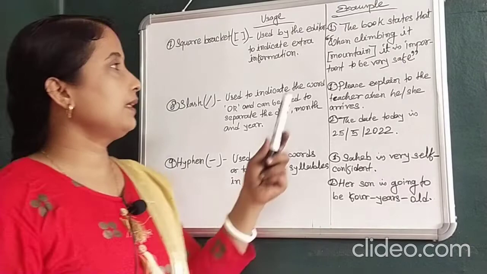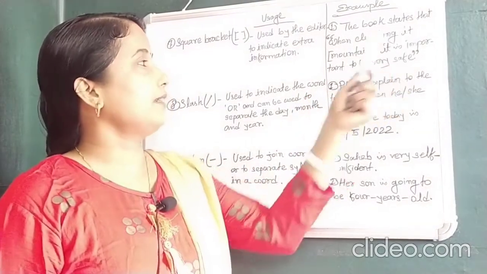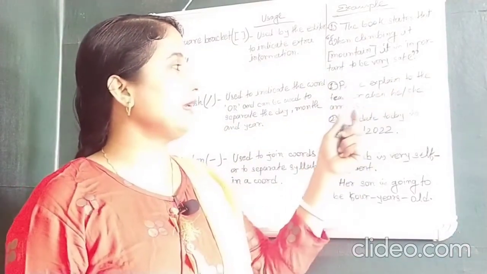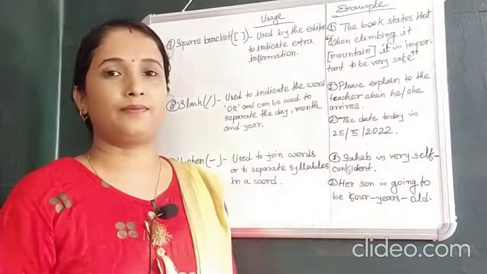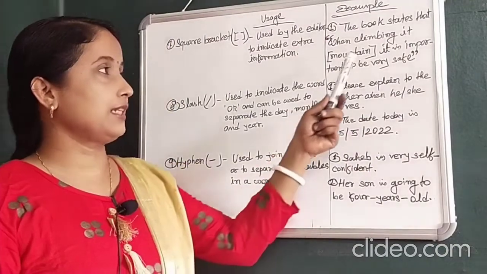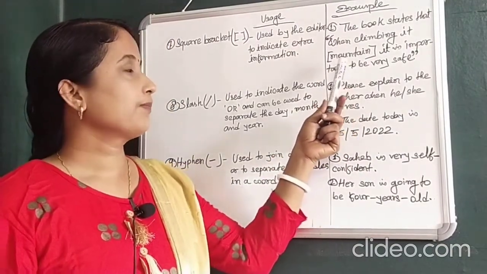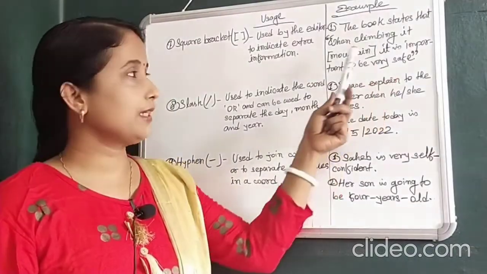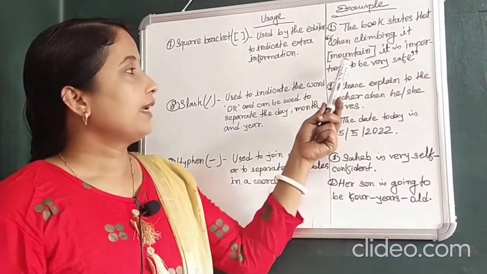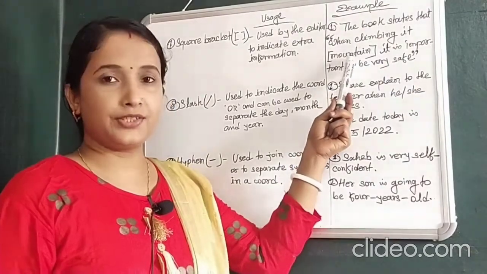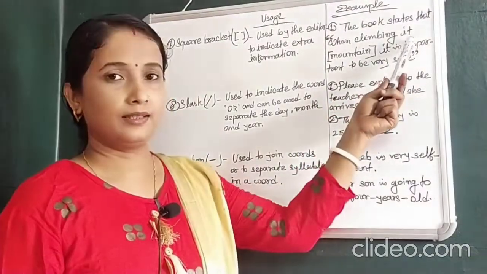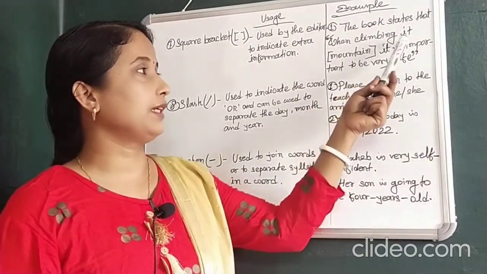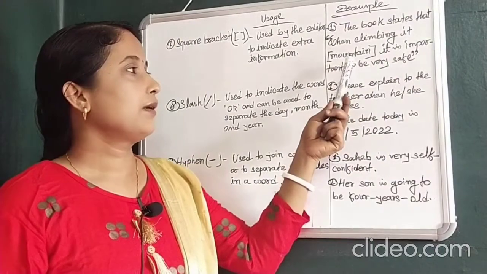Now let's see an example. The book states that when climbing [a mountain], it is very important to be very safe. The book states, meaning the editor states, that when climbing it, here it means mountain. So here "a mountain" is extra information about it. The editor of the book gives extra information about it, that it here means mountain.